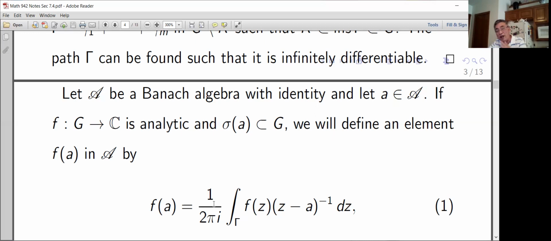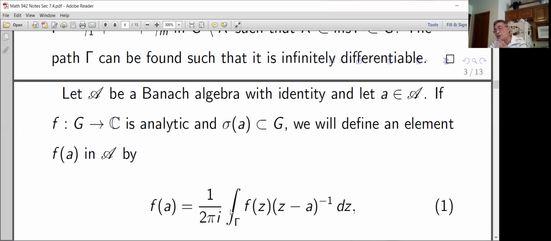The right side integral is well defined, and we use this to define f of A. But the first thing is that we need to show that this is well defined.